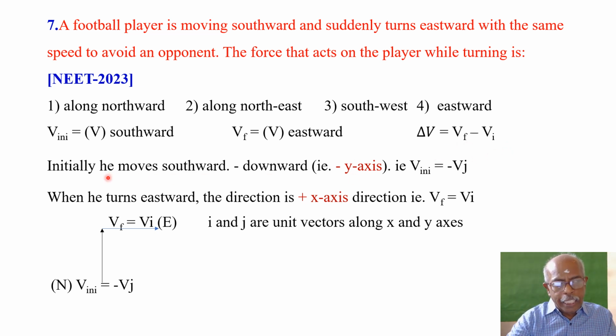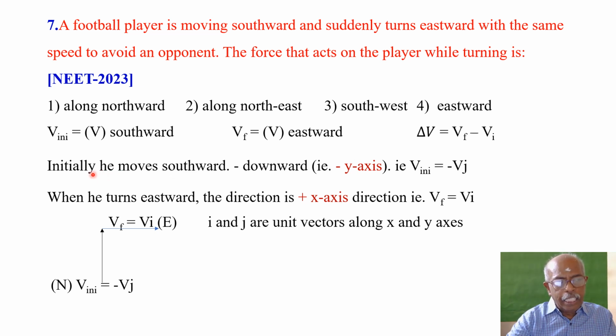So initially the player moves southwards. Whenever you draw a map, when you draw directions, north will be upwards and south will be downwards. Your left hand will show the direction of west and your right hand will show the direction of east. So you can follow the same pattern here also.